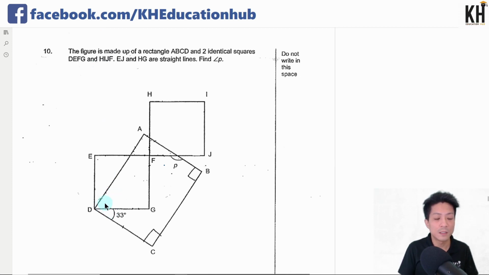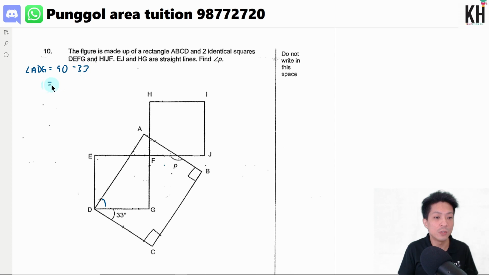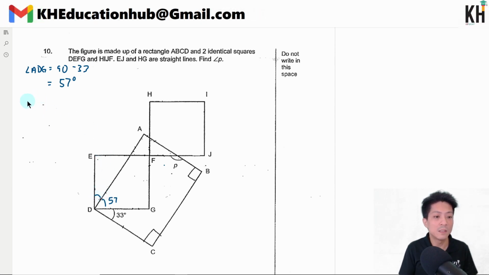So the first angle that I'm going to find is this. This will be 90 minus, I'm going to write it over here, angle ADG equals 90 minus 33, which will be 57 degrees. So this is 57. Next, I'm going to find this.